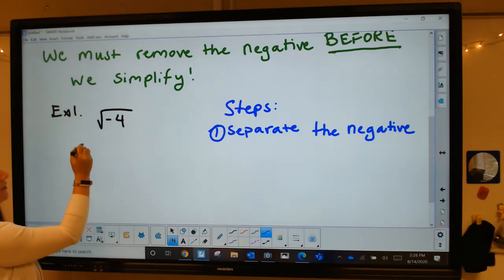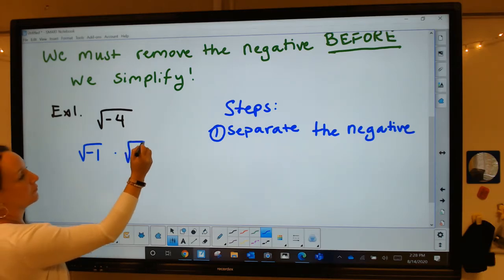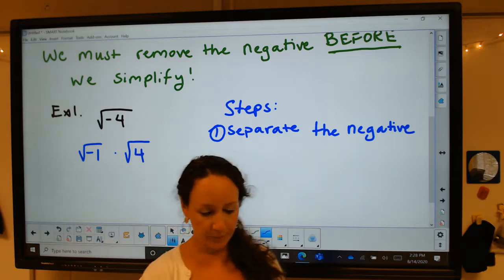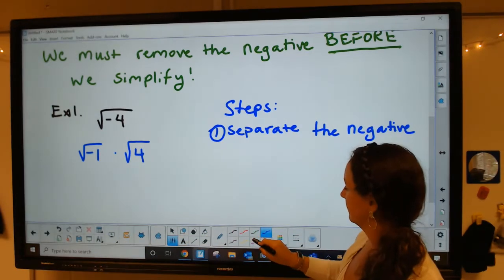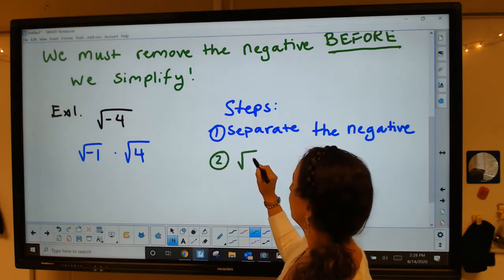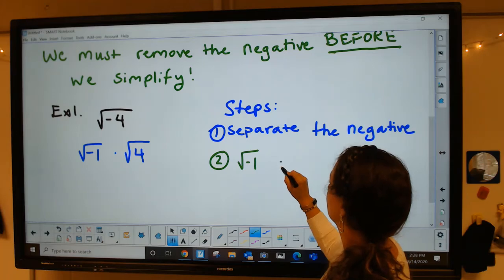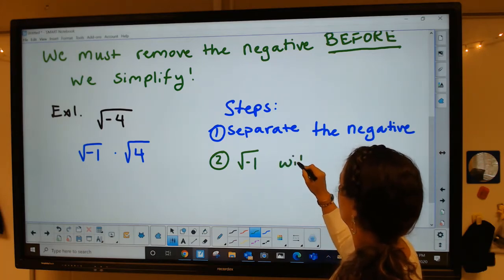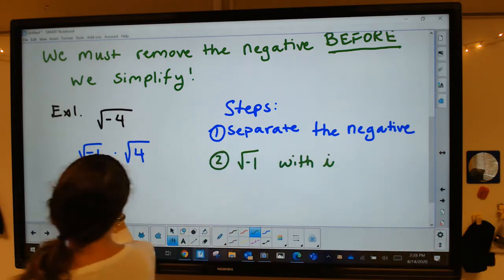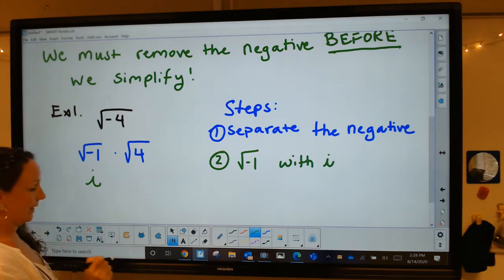We're going to pretend that we have a square root of -1 times a square root of 4. So we separated the negative. In step 2, we're going to replace the square root of -1 with i. So the square root of -1 is i. They mean the same thing.